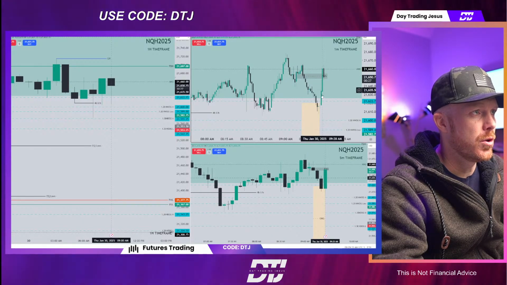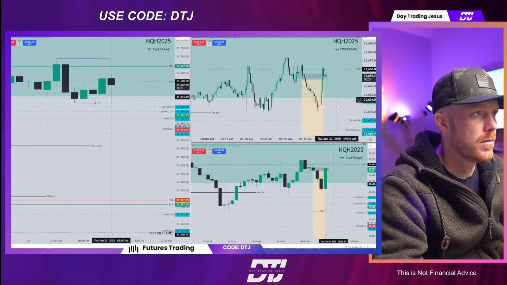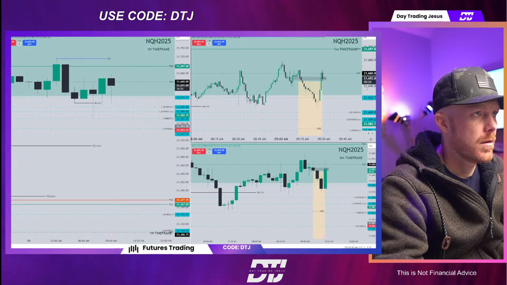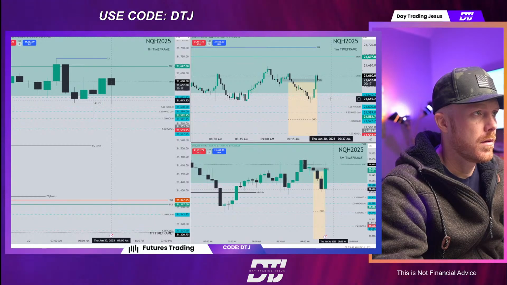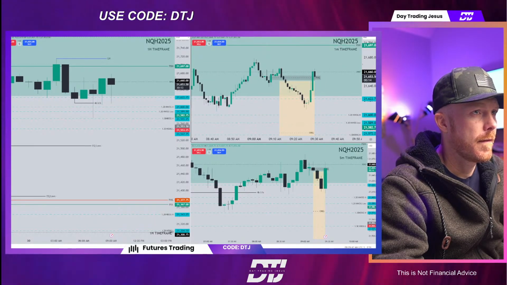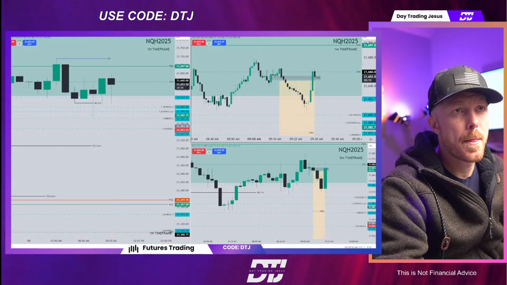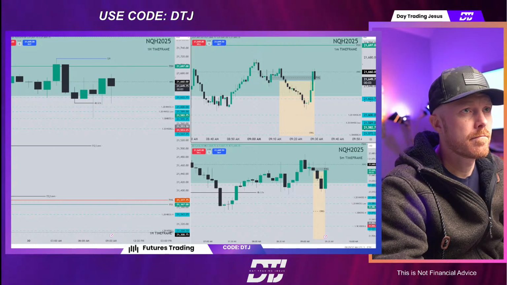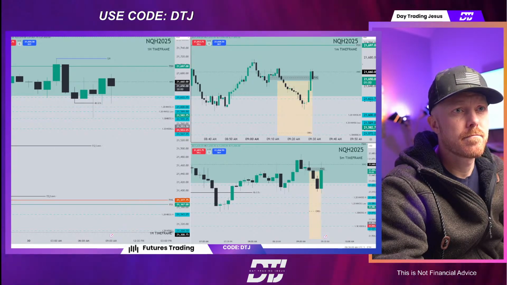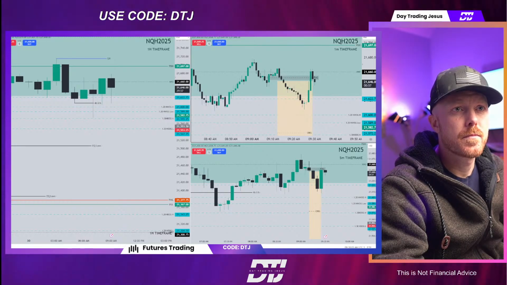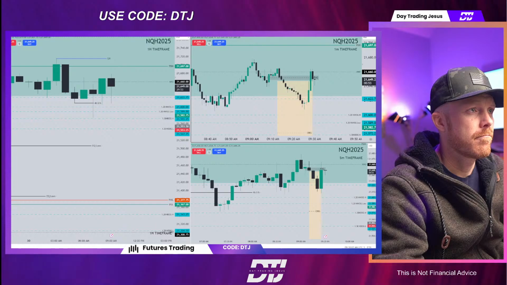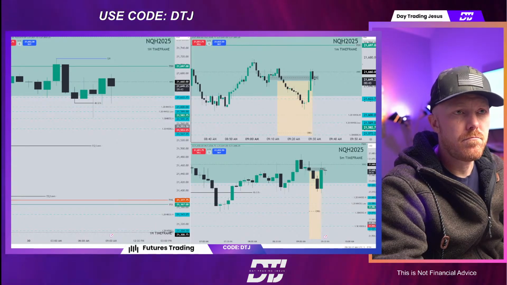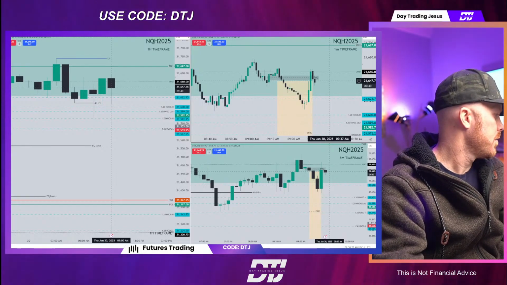Depending on if it closes bullish or bearish will determine if I'm taking the 930 model. Pretty much break even for that.